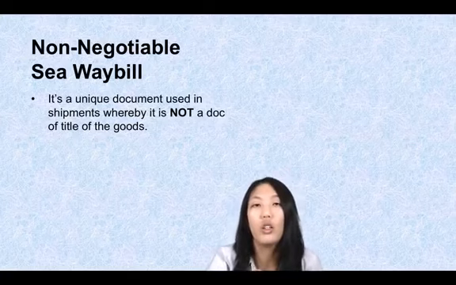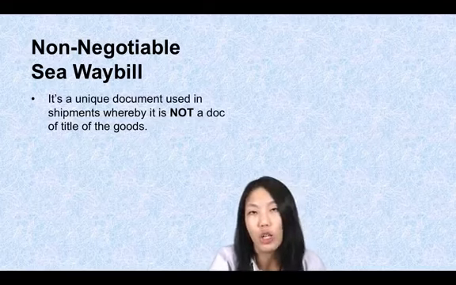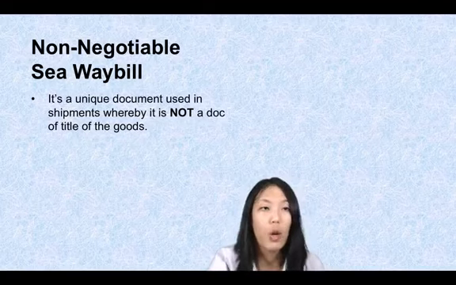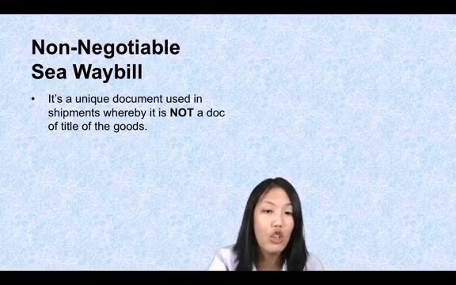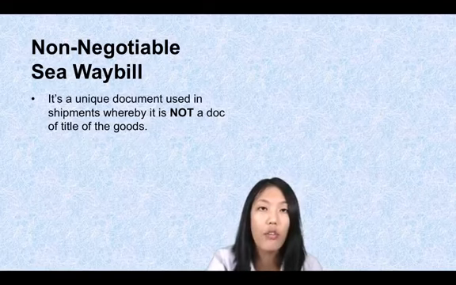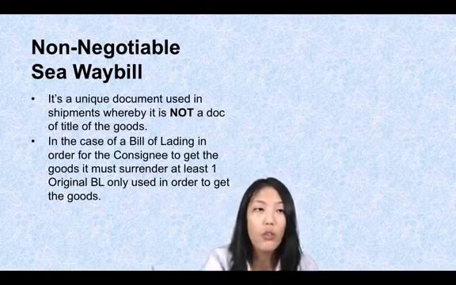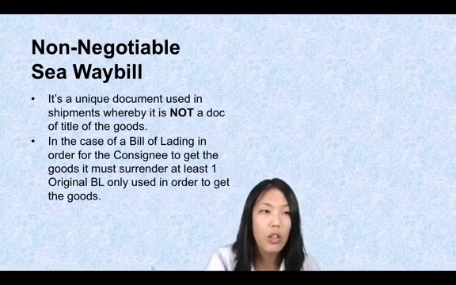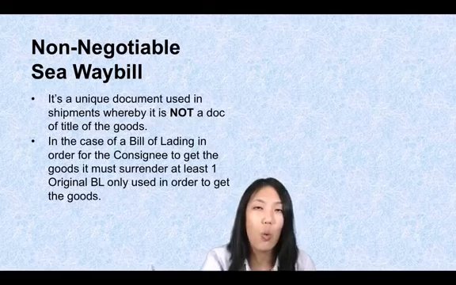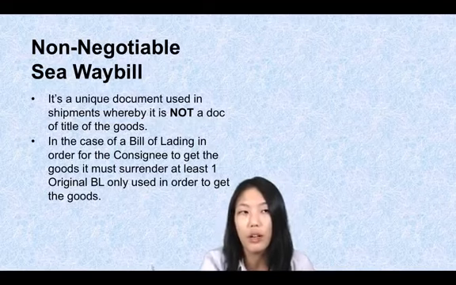So let us take a look at non-negotiable seaway bill. It's a unique document used in shipment whereby it is not a document of title of the goods. In the case of a bill of lading, in order for the consignee to get the goods, it must surrender at least one original bill of lading.